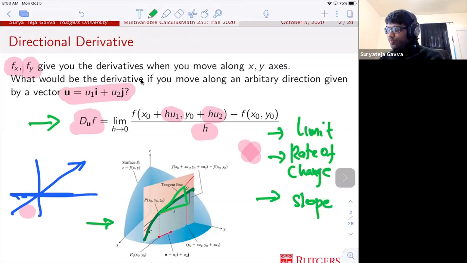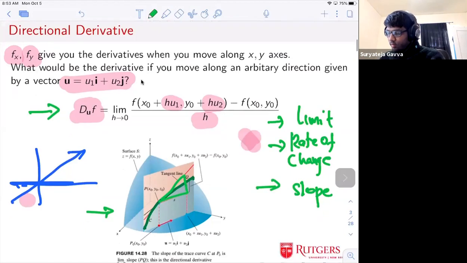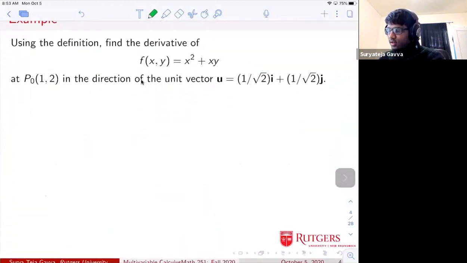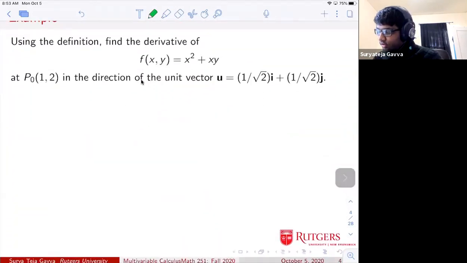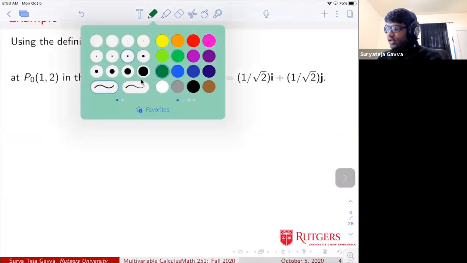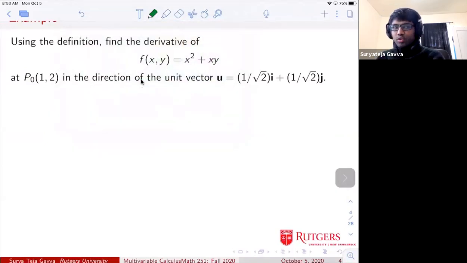Okay, so if I move, instead of the x and y axis, you can move in an arbitrary axis, and the rate of change along the arbitrary direction u is called the directional derivative. Okay, so let's compute the directional derivative of this function f of x, y equals x squared plus xy, at the point (1, 2) in the direction of u.